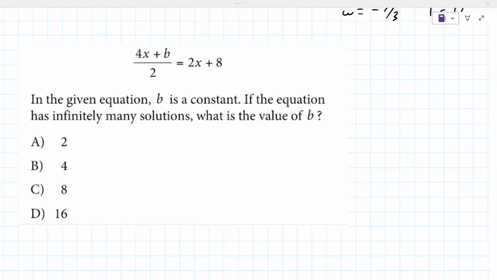I mean, plus 8. I'm sorry, are you just rewriting this or what? In order to get rid of the denominator, I multiplied one of the sides by 2.